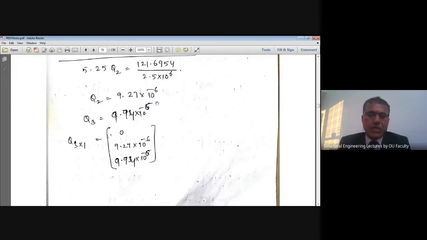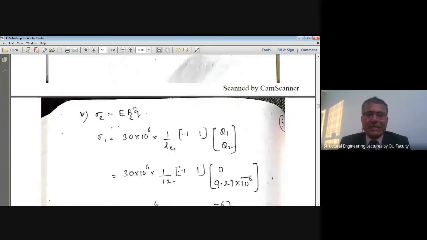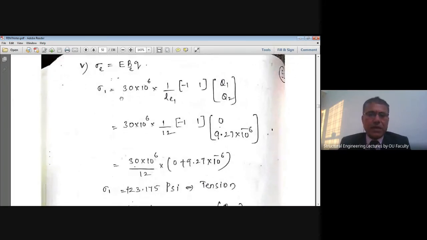I think here the units were missing, students. We need to write the units also, inch, all consistent units. And so the final global displacement vector, or simply displacement vector, is a 3 by 1 vector: along the first degree of freedom 0, second degree of freedom 9.27 10 to the power minus 6 inch, third degree of freedom 9.94 10 to the power minus 6 inch. That is how the displacements are obtained.